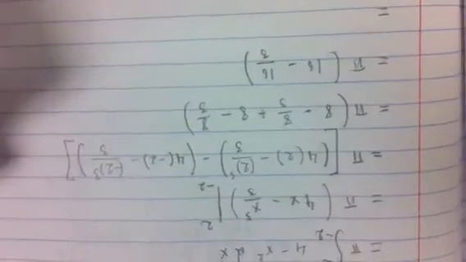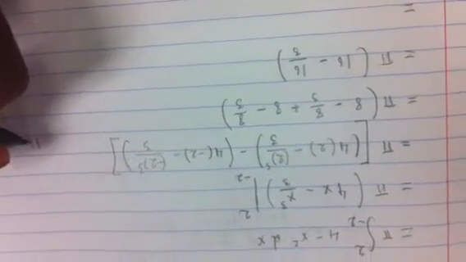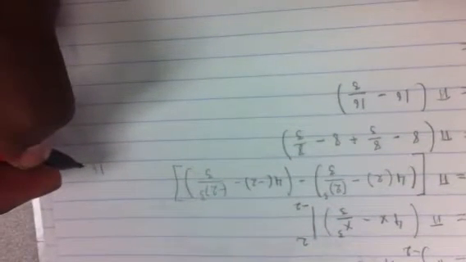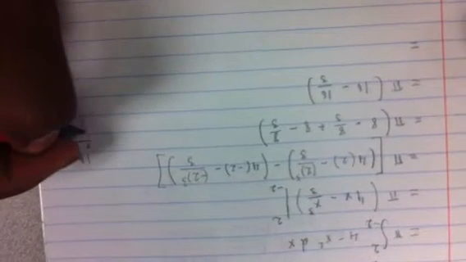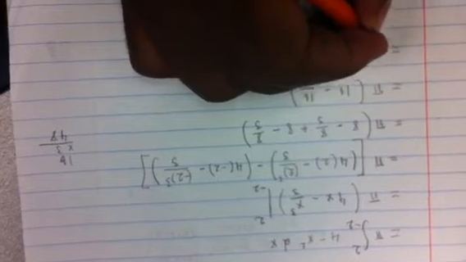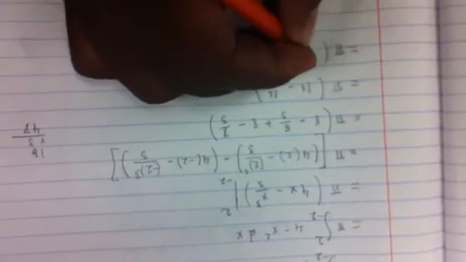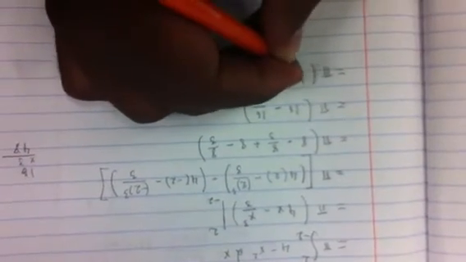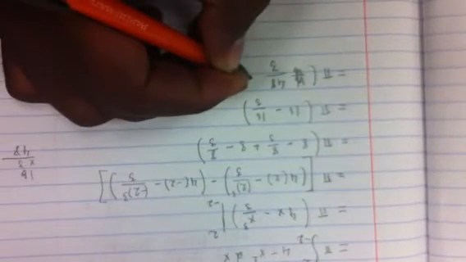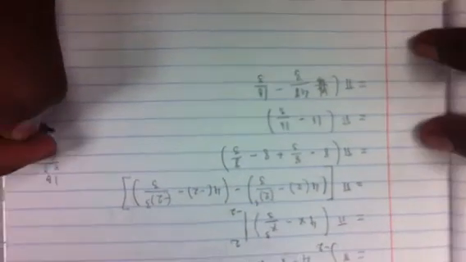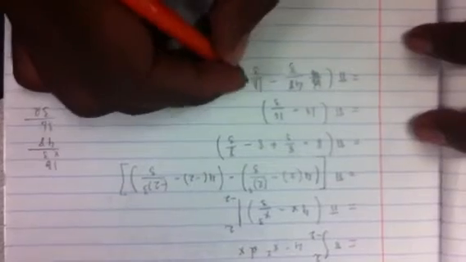So 16 times 3 is 48. So it's going to be pi times 48 over 3 minus 16 over 3. It's 32, I think.